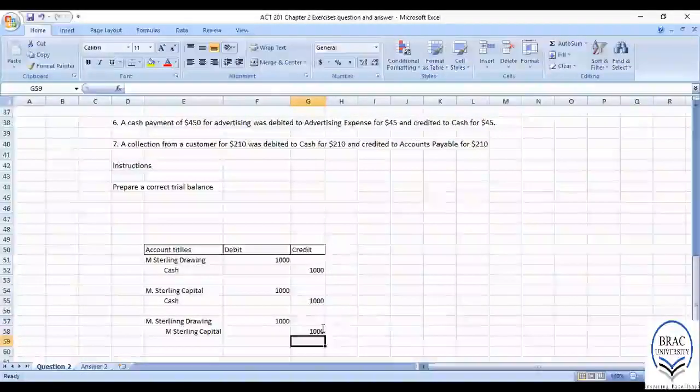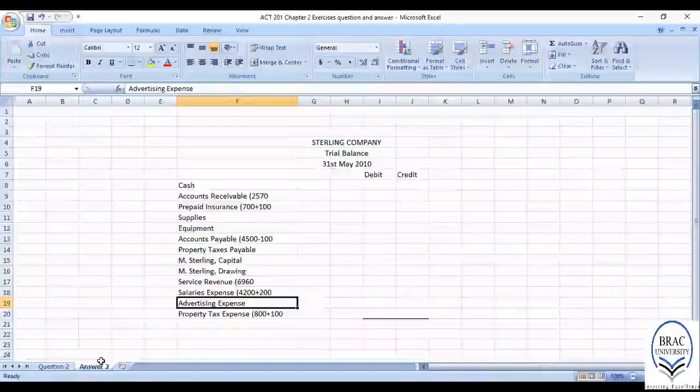So now in our trial balance, we need to add $1,000 into our drawing account, and also we need to add back $1,000 into our capital account. So let's put this information into our trial balance.